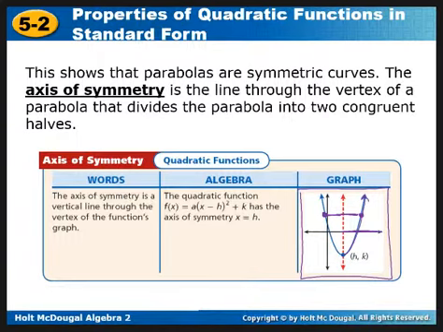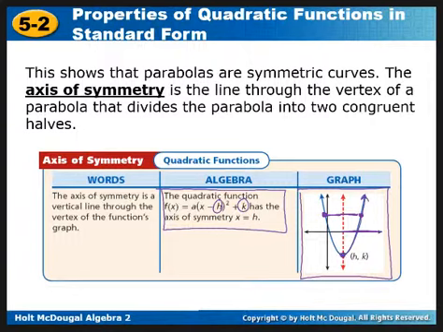Now if you look down here at the bottom, this is also a section that's on your notes, so it wouldn't hurt to fill this stuff in as we go through this. We talked about finding the vertex in section 1. The vertex was found by figuring out what h and k were, and we would plot that point, similar to what's plotted over here.